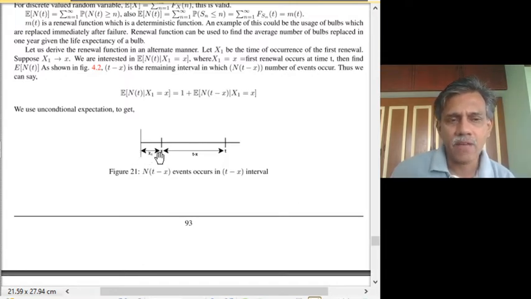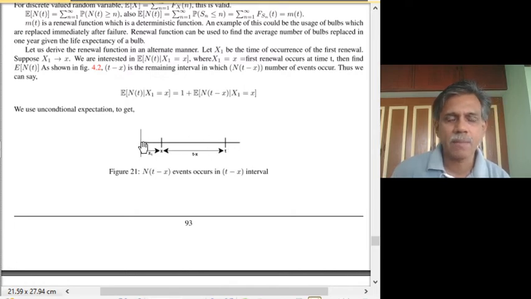So x1, the time for the first renewal to take place, is a realization, small x. Then we have a remaining time interval of t minus x, in which the rest of the renewals should occur. If you know the expected number of renewals that will take place in t minus x, and add to that the first renewal that would have occurred at x, we will know the expected number of renewals that will take place in 0 to t.